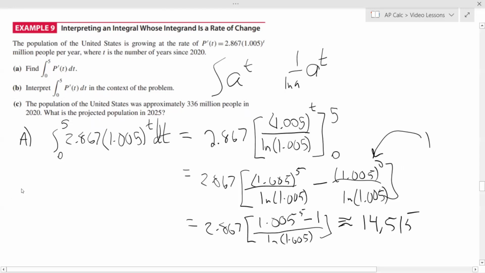So for part B, I'm just going to type here.